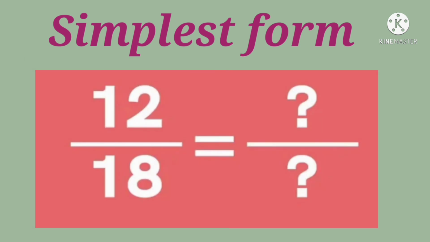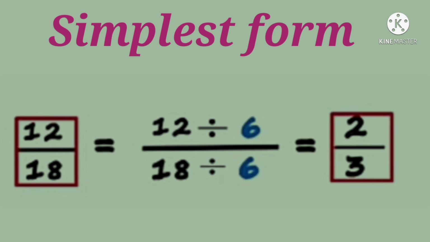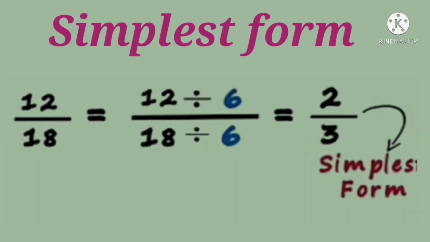We can divide the numerator and denominator by 6. 12 divided by 6 is 2. Similarly, divide the denominator by 6. 18 divided by 6 is 3. The fraction is 2 by 3. So 12 by 18 is equal to 2 by 3, they are the same. It is called the simplest form.